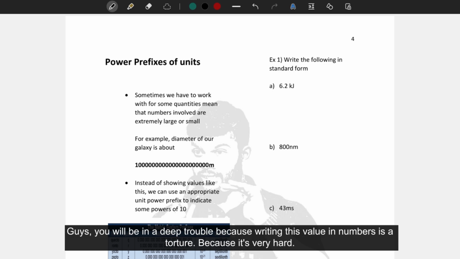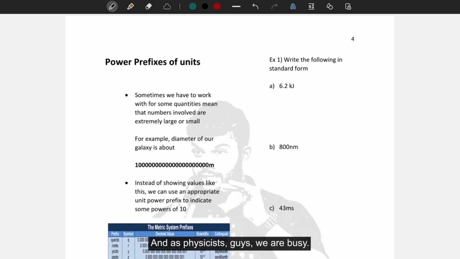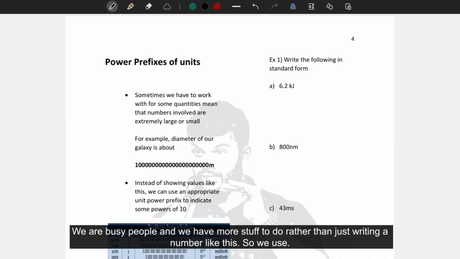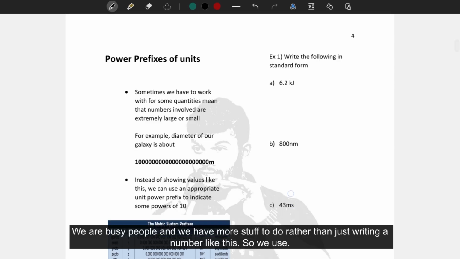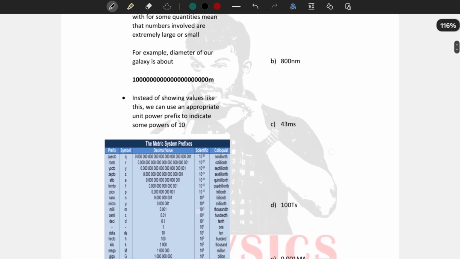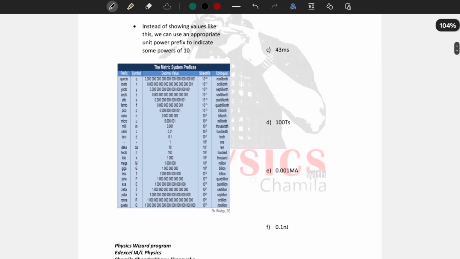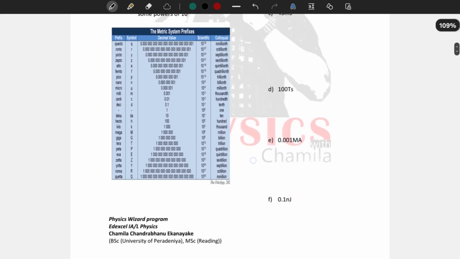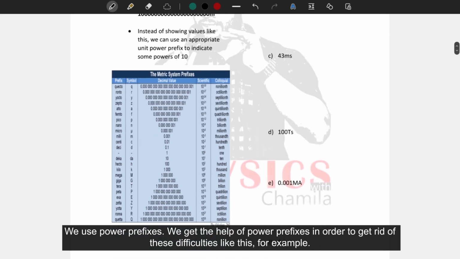As physicists, we are busy people, and we have more stuff to do rather than just writing a number like this. So we use power prefixes.